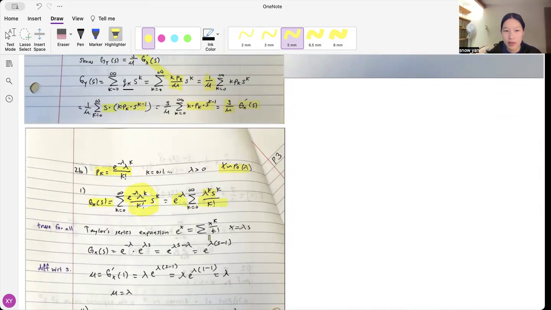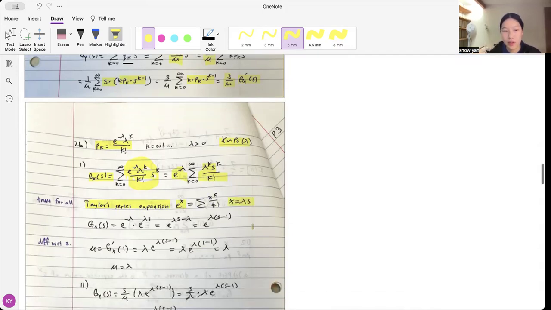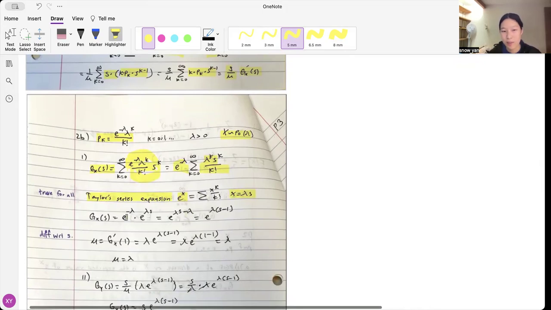And I see that here I have lambda s to the k divided by k factorial. This is a classic Taylor series expansion of e to the x, where I have the sum of x to the k divided by k factorial, and my x here is lambda s. So I can rewrite this in a much nicer form.